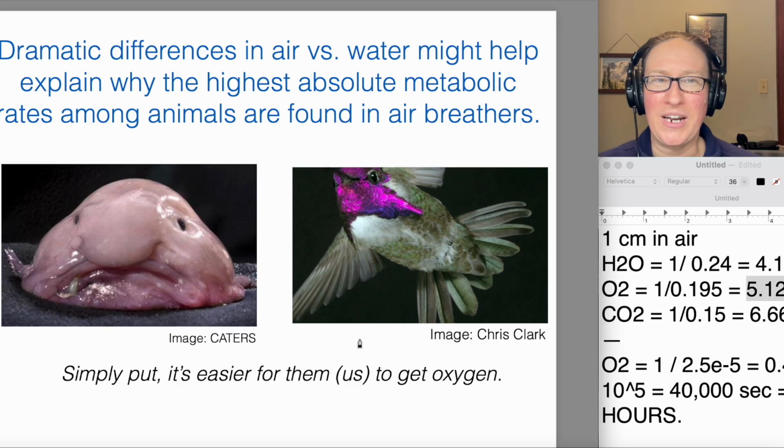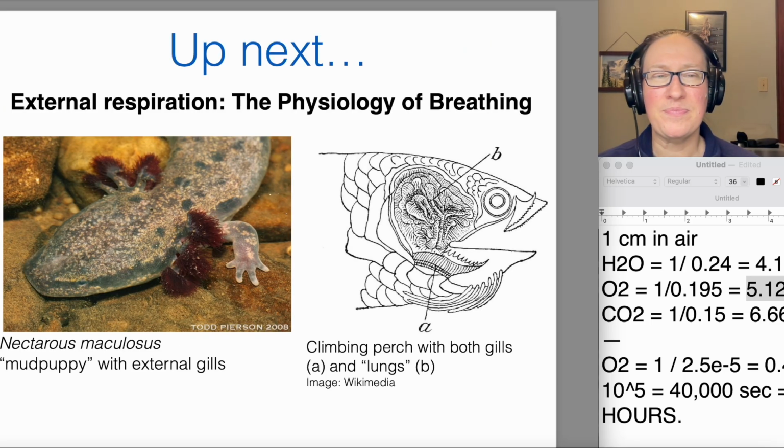If you were to try to develop an aqueous hummingbird, you'd run into problems, right? Because that hummingbird would have a very hard time obtaining enough oxygen, right? So some of the major differences we observe between animals in terrestrial and aquatic environments are because of the challenge of obtaining oxygen in those aqueous environments.